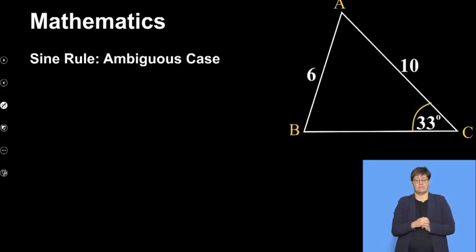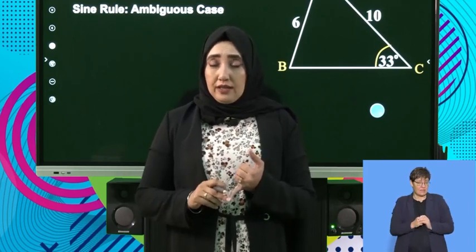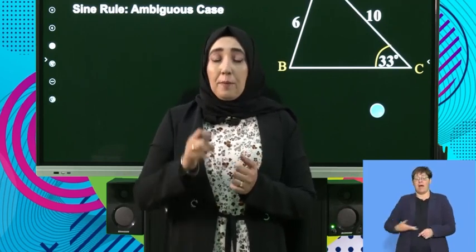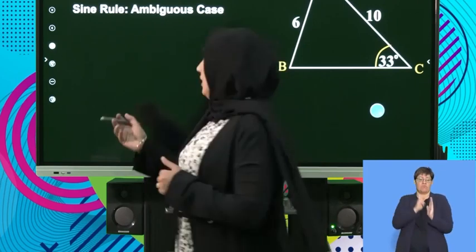Okay, and remember in the sine rule there is the ambiguous case. Can you remember when the ambiguous case is applied? Remember, for the sine rule you need one full pair of angles and sides and one half pair. But the ambiguous case is a specific case of the sine rule.